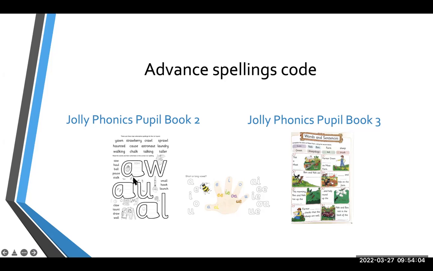So you see that the sound is same, but the spellings are different. The spellings are or as in yawn, or as in autumn, or as in chalk.